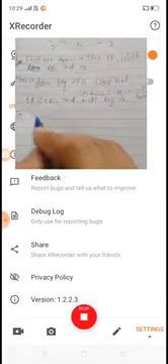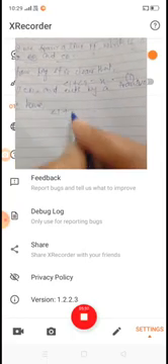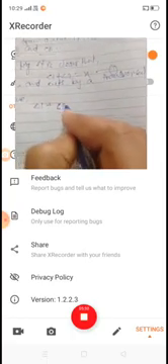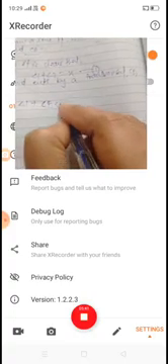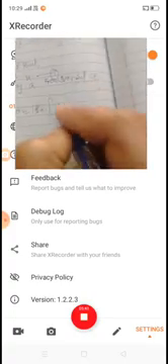So we have angle 1 plus angle ECD is equal to 180 degree.